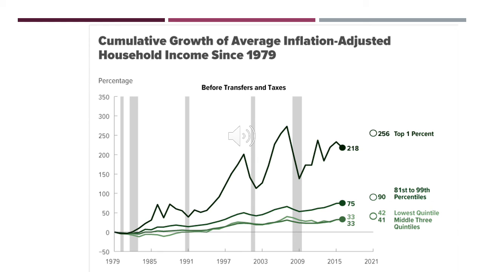Notice also that by 2021, it's projected that the top 1% will reach 256% growth compared with 1979, getting them right back up to where they were before the last recession, where the top 20% is expected to achieve 90% growth, but the bottom 80% is really only expected to reach 41 and 42% growth respectively.